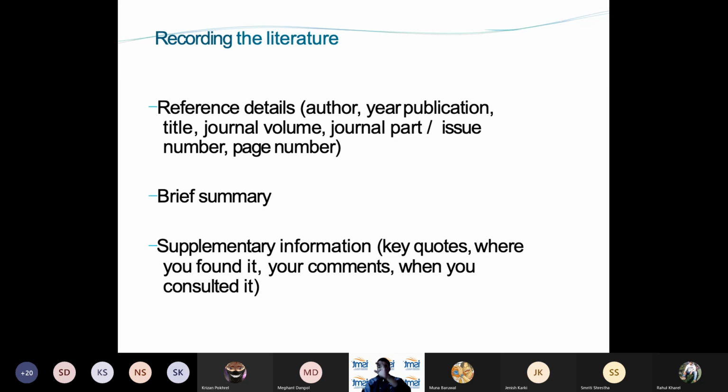The abstract provides the overall summary of the research, the method implemented, the problem the research has solved, and the conclusion and findings. So you can take the brief summary from the abstract, copy it, and cite the source. If any supplementary information is needed, you can provide the key course, where you found it, your comments, when you consulted it, or something like that.